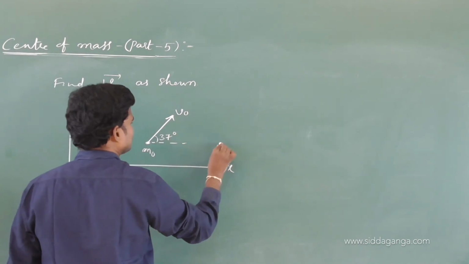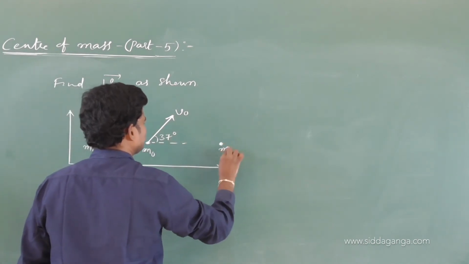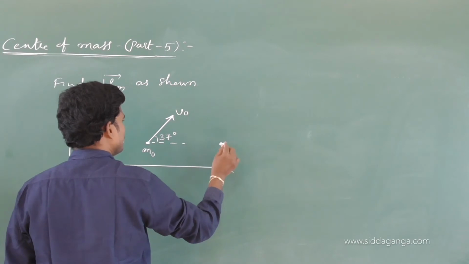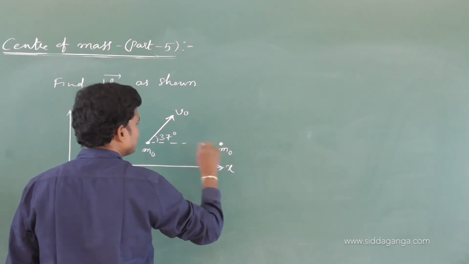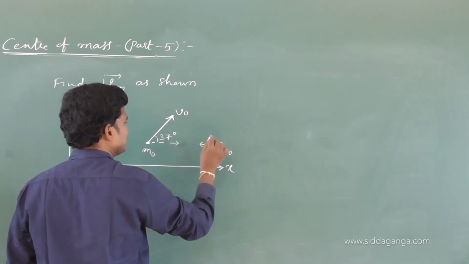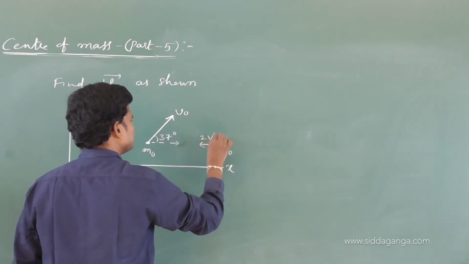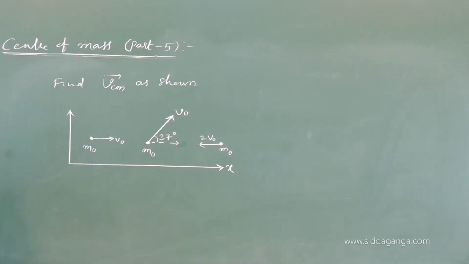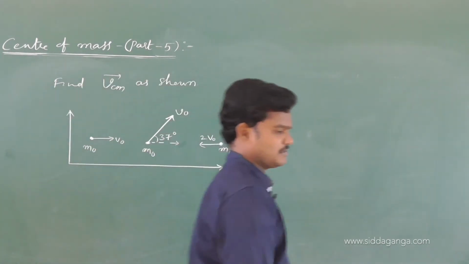One more m naught is moving back with 2 v naught. Find the velocity of center of mass, Vcm bar, vector symbol.